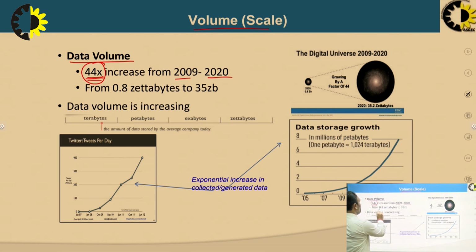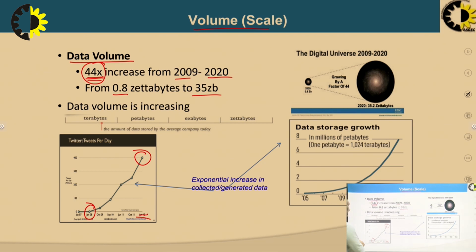It will grow from 0.8 gigabyte to 35 gigabyte, which is also two levels next to the petabyte. In the given graph, we can see January 2008 to July 2012.